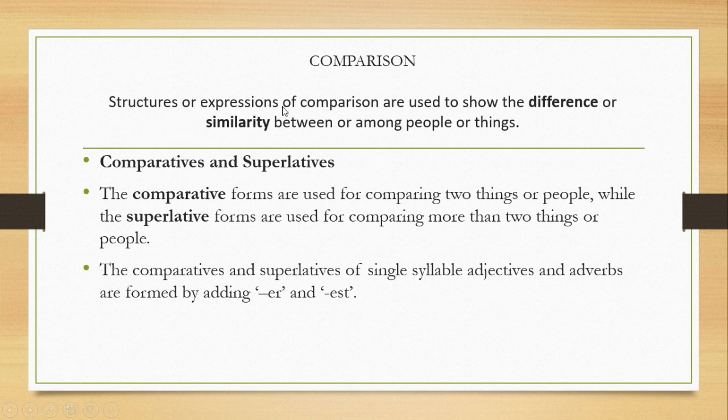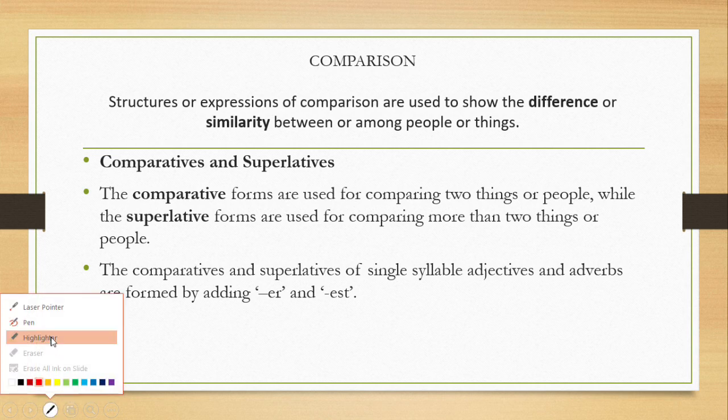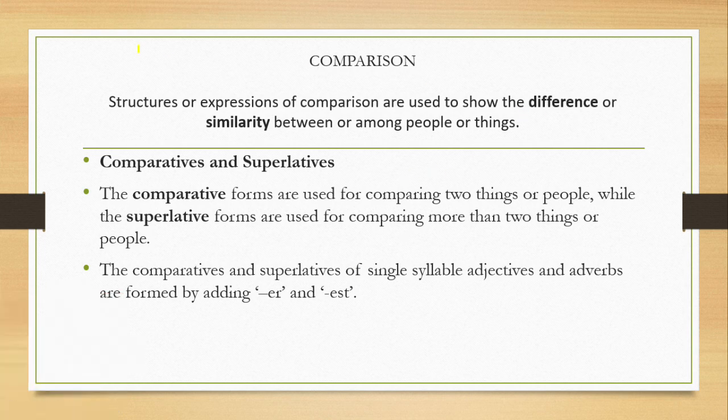Comparison. We are saying structures or expressions of comparison are used to show the difference or similarity between or among people or things. Look at this interesting thing here. By the structures, we simply mean the ways or the expressions of this topic, comparison. How are they used?